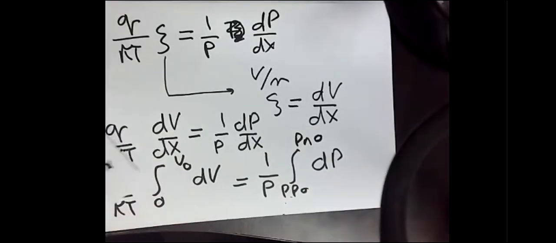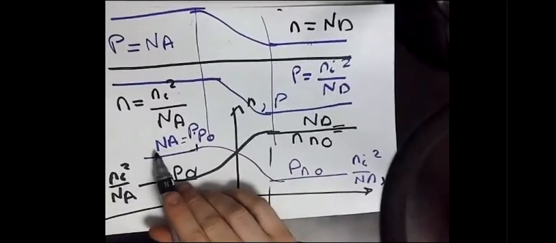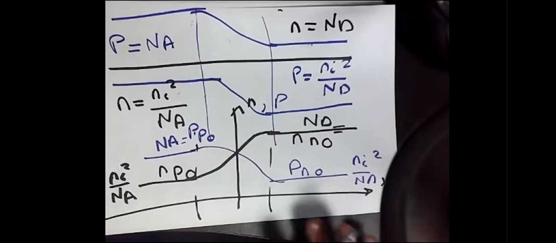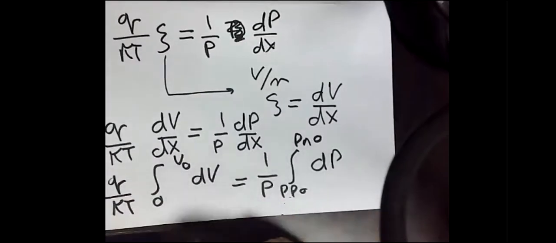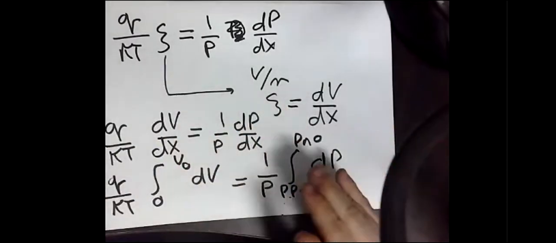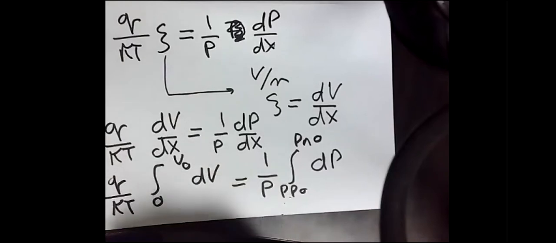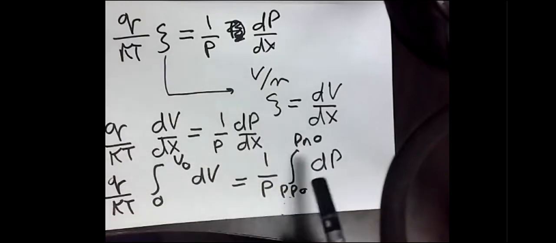Of course, you know both values. You know that P_p0 is NA, and you know that P_n0 is ni squared over ND. So you can substitute here and there. Of course, I'm not so interested in the mathematics. I'm just showing you the procedure. I will not ask you about the derivation, but I'm just describing to you how we calculate the built-in potential of a PN junction.